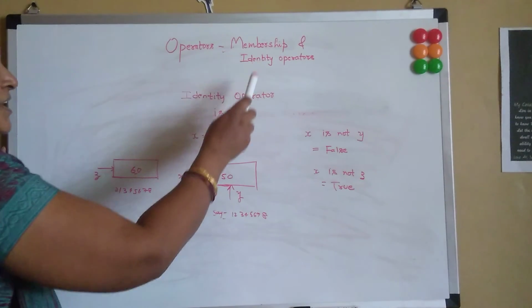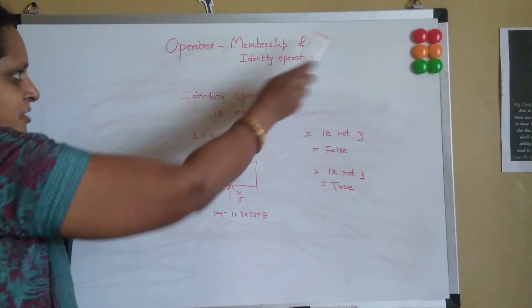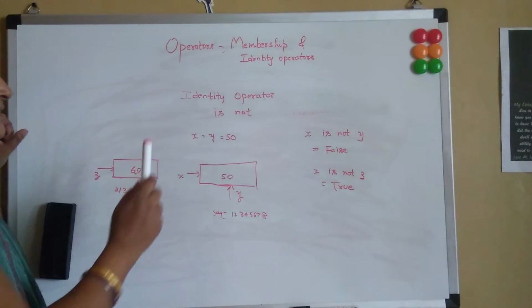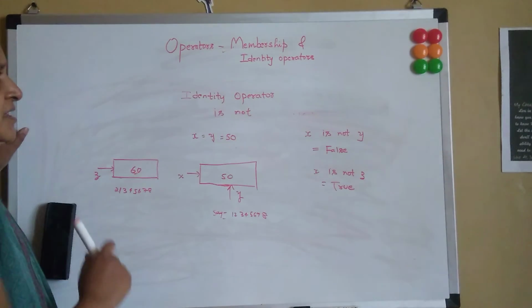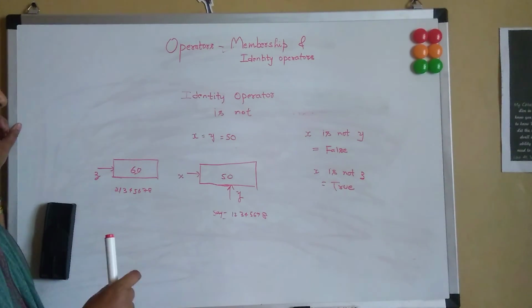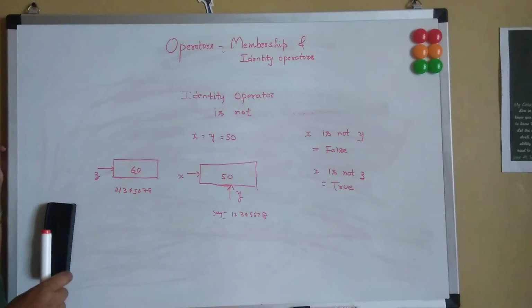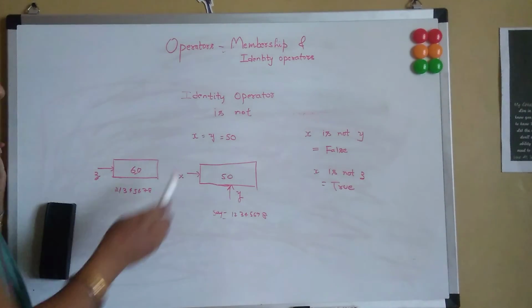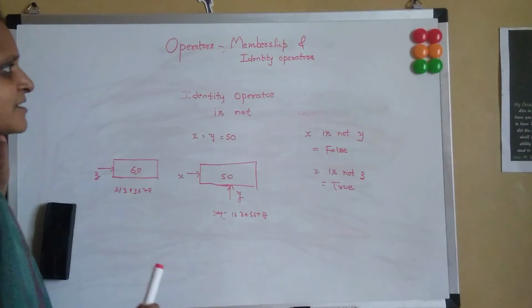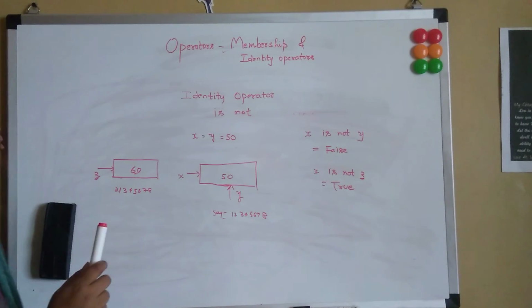The membership operators, that is in and not in, check if the particular value is present in the sequence. The sequence can be a string, a list, a tuple, a dictionary or a set. If it is present, it will return true, else false.